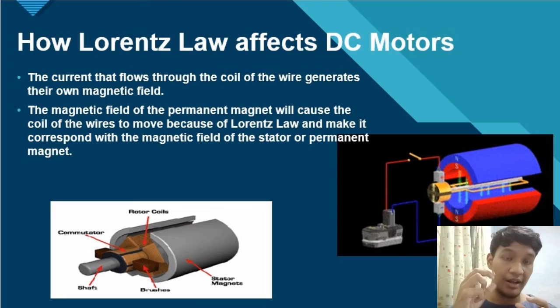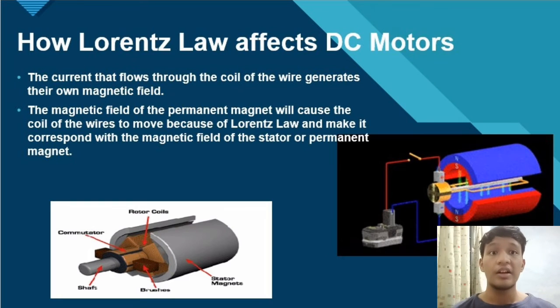We can determine the direction of force and motion by using Fleming's left-hand rule, as stated by my friend Afif. For a better explanation, we can see the project that we built to demonstrate how a simple DC motor works.